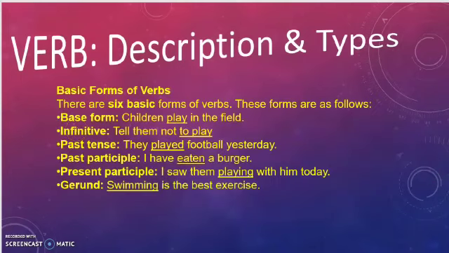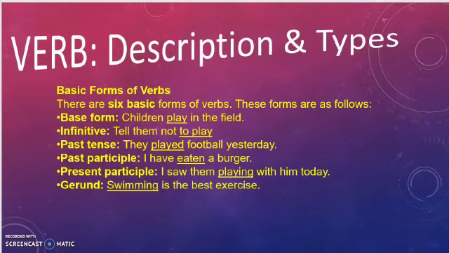There are some basic forms of verbs, and we can say that they are six in number. For example, base form: the children, they play in the field. Infinitive: tell them not to play. Past tense: they played football yesterday.